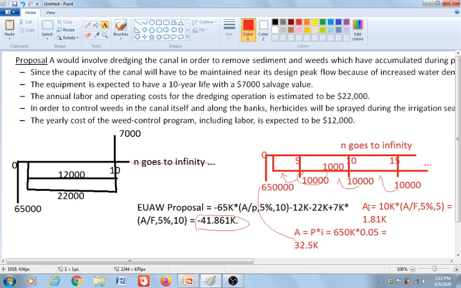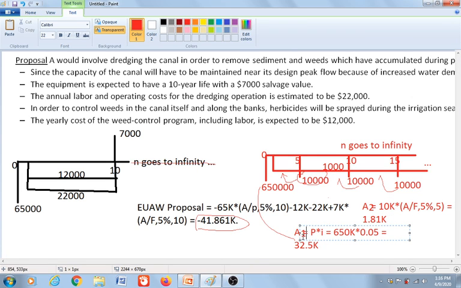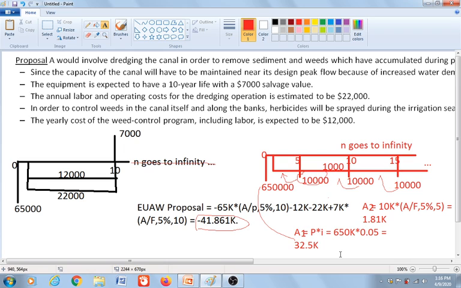To make it different, I'm going to call this A2 and this A1. The 1,000 already happens every year, and the 1.81k also happens every year. From this 10,000, we convert it to an A, so it will happen from year 1 to year 5.